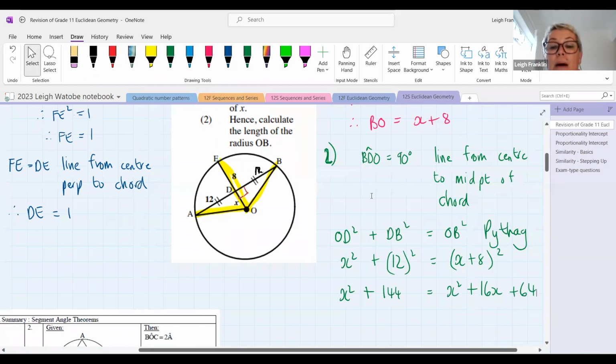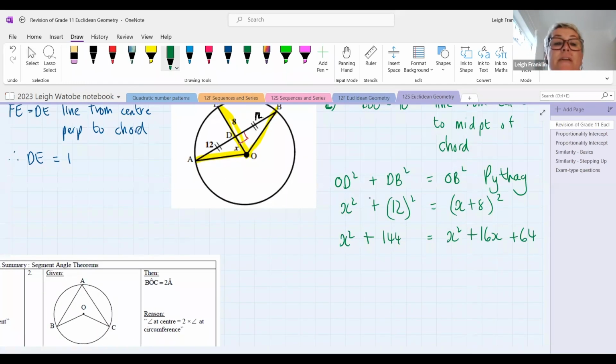If I move the x squared term over to the left, those two terms highlighted in yellow cancel one another out. So what I have on the right-hand side is 16x. 144 minus 64 leaves me with 80. Divide both sides by 16, and that means x is equal to 5.